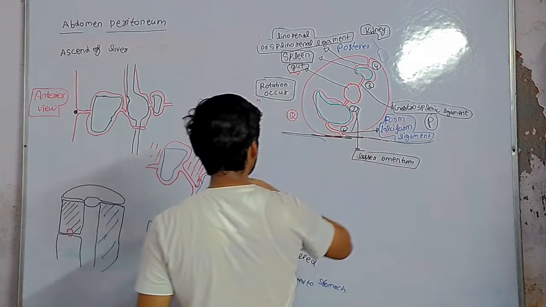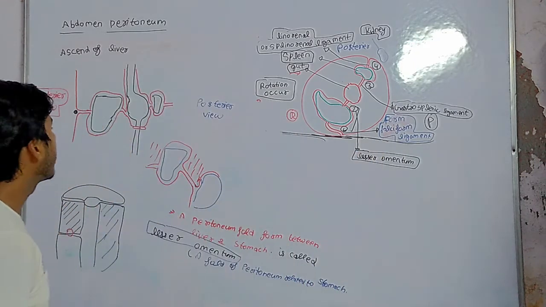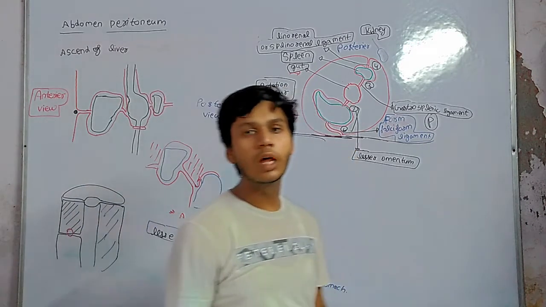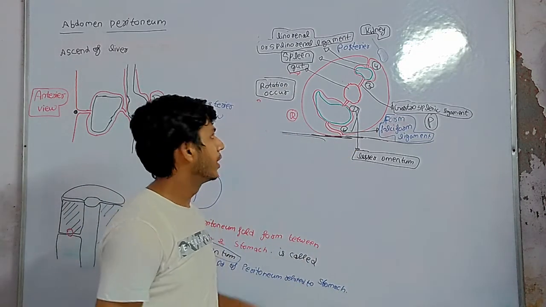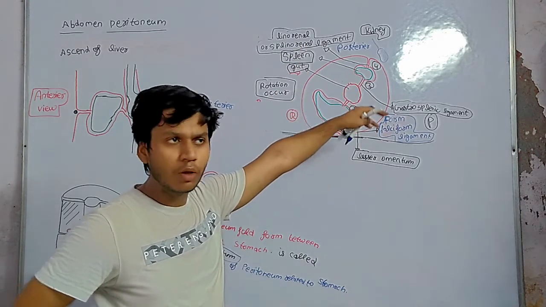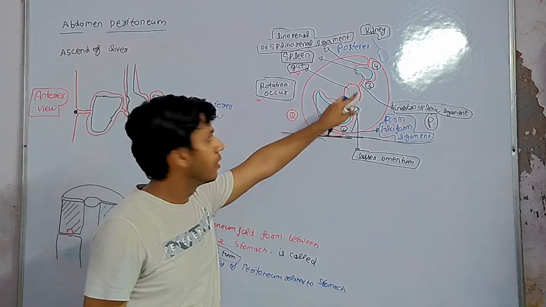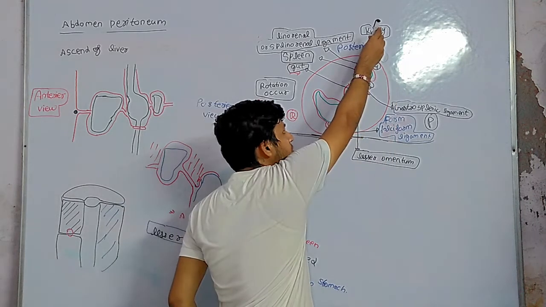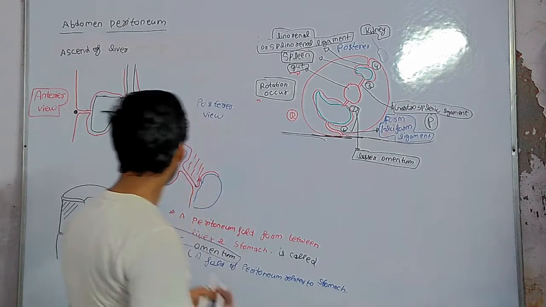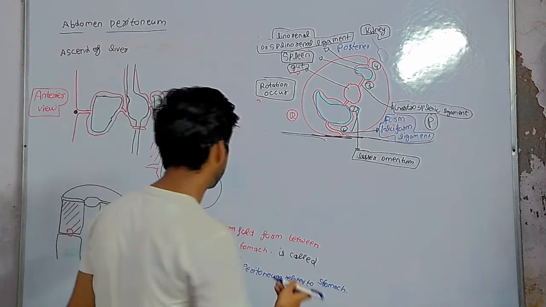Folds form, but what is the role of these peritoneal folds? Why do we need this? This is again the route for arteries. Remember, on the posterior abdominal wall we have the aorta and inferior vena cava. So they supply branches from this. These branches travel through this fold, between these folds, and go to the organ. So it is a route for blood vessels and nerves also.